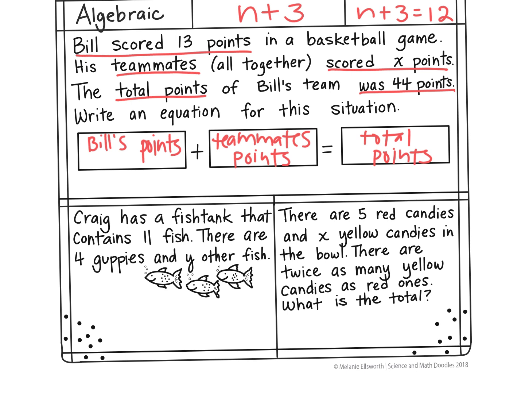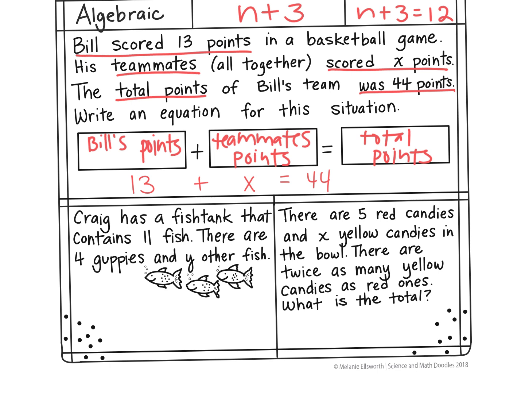How many points did he score? 13. Plus, what are the teammates' points represented by? X equals, what's the total? 44. So my equation looks like this. 13 plus X equals 44.